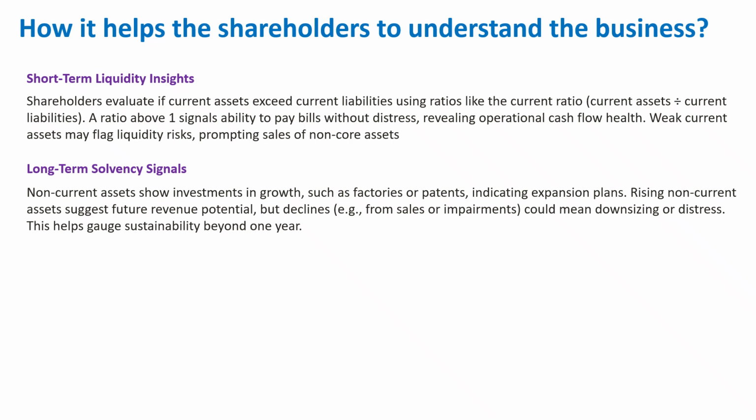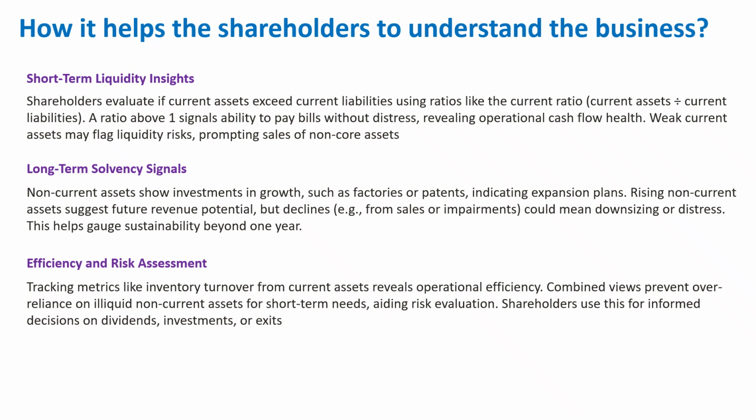Second point is long-term solvency signals. Non-current assets show investments in growth, such as factories or patents, indicating expansion plans. Rising non-current assets suggest future revenue potential, but declines, for example from sales or impairment, could mean downsizing or distress. This helps gauge sustainability beyond 1 year.